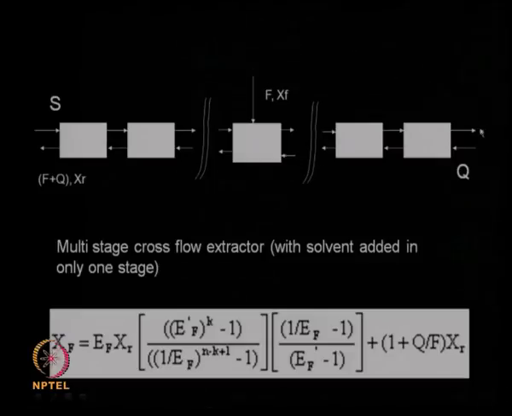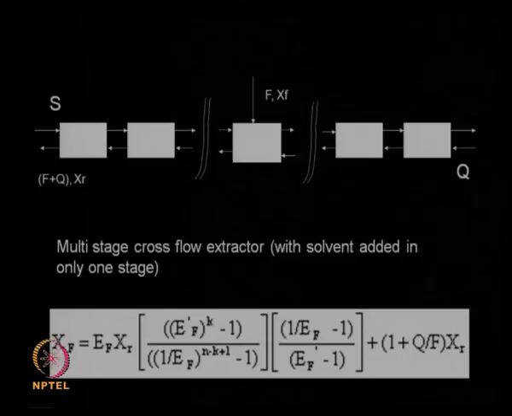So you can consider this as one countercurrent system and this as another, and you can perform a mass balance to get an overall mass balance for the entire multi-stage extraction system.